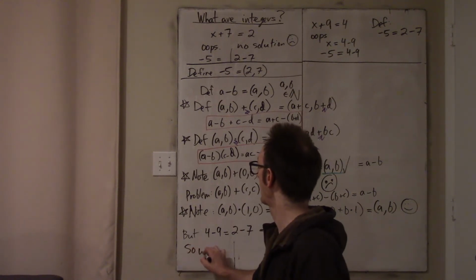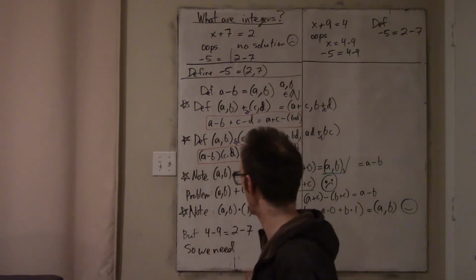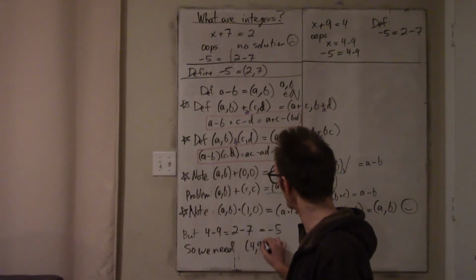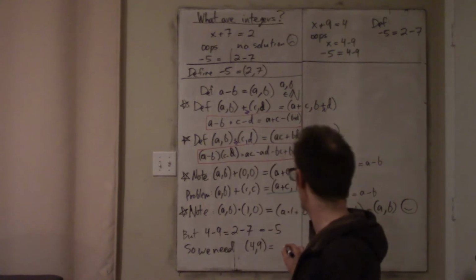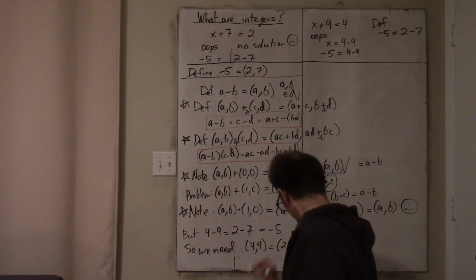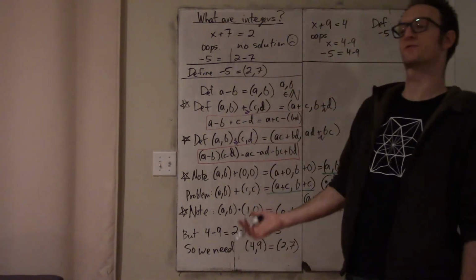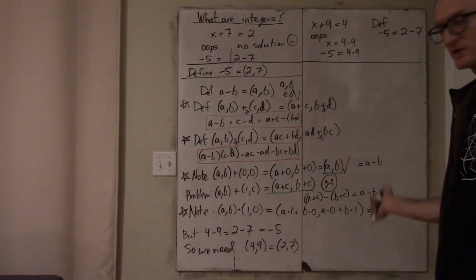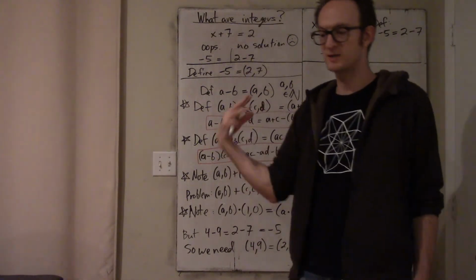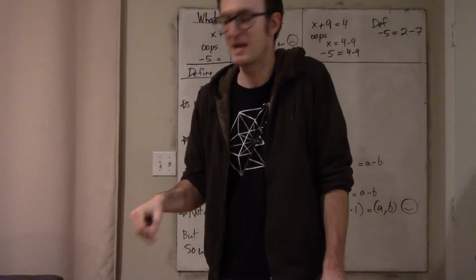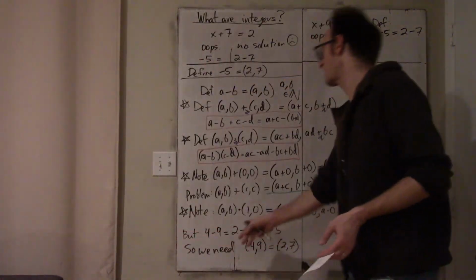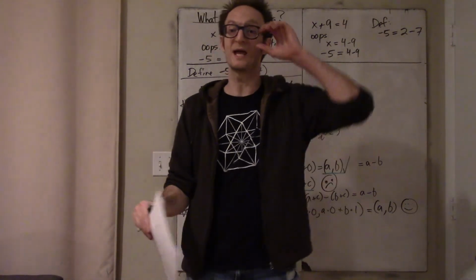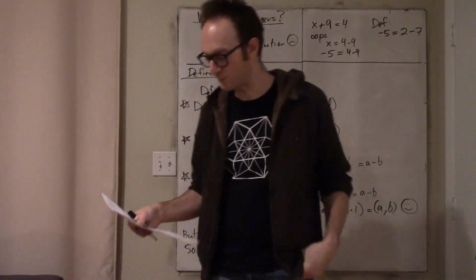And so what we need, echoing the last problem, is that the ordered pair 4 comma 9 must equal the ordered pair 2 comma 7, because both of them are just intuitively negative 5. And yet, 4 comma 9 is just not 2 comma 7. If you interpret these as ordered pairs of natural numbers, they're not the same ordered pairs of natural numbers.